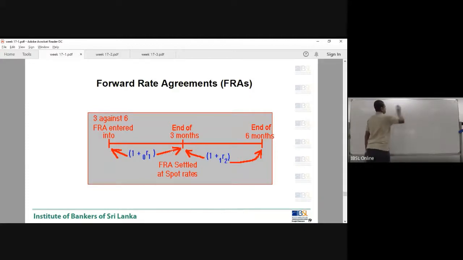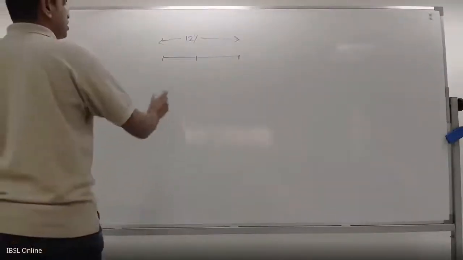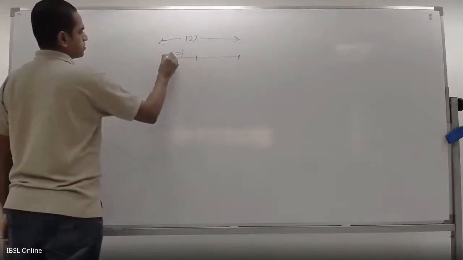It looks like this. Say, for example, you have a 2-year personal loan product going at, let's assume 12%. 2 years, you're lending at 12%. 1 year, you're willing to lend at 10%.